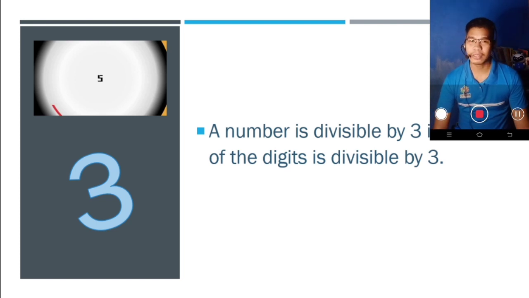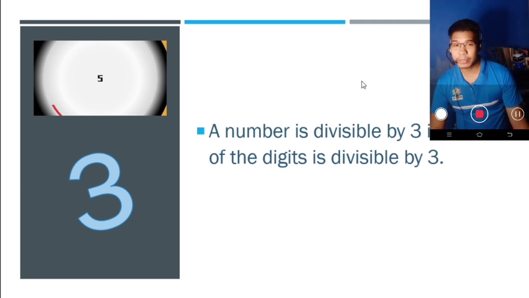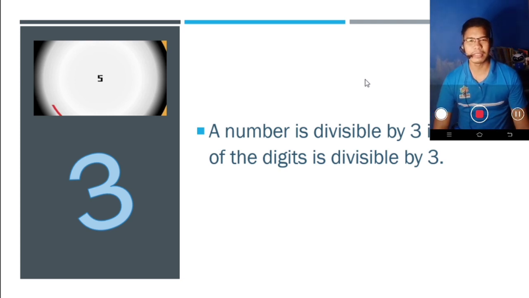We add the digits: 1 plus 3 is 4, plus 2 is 6. If the sum, which is 6, is divisible by 3, then the number is divisible by 3. So since the sum is 6, which is divisible by 3, 132 is divisible by 3.